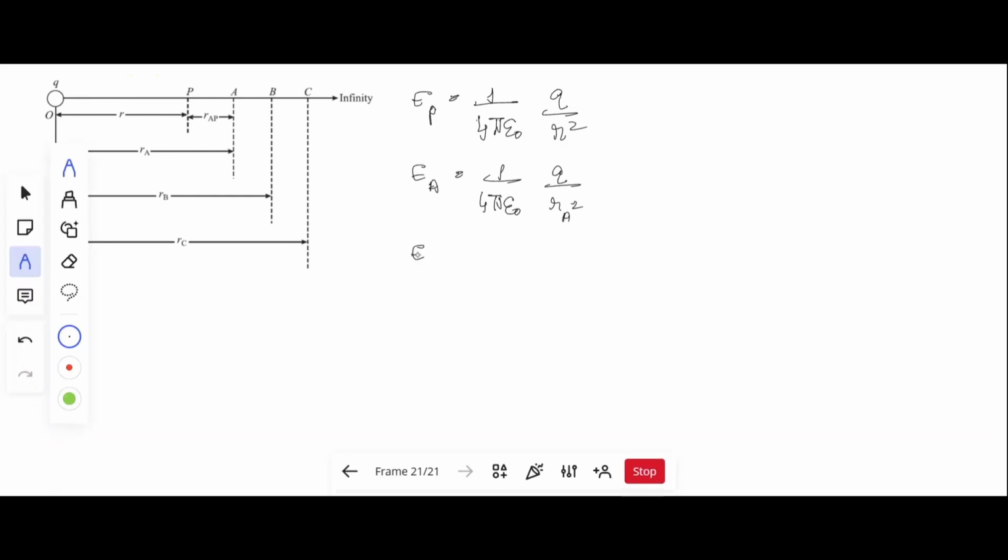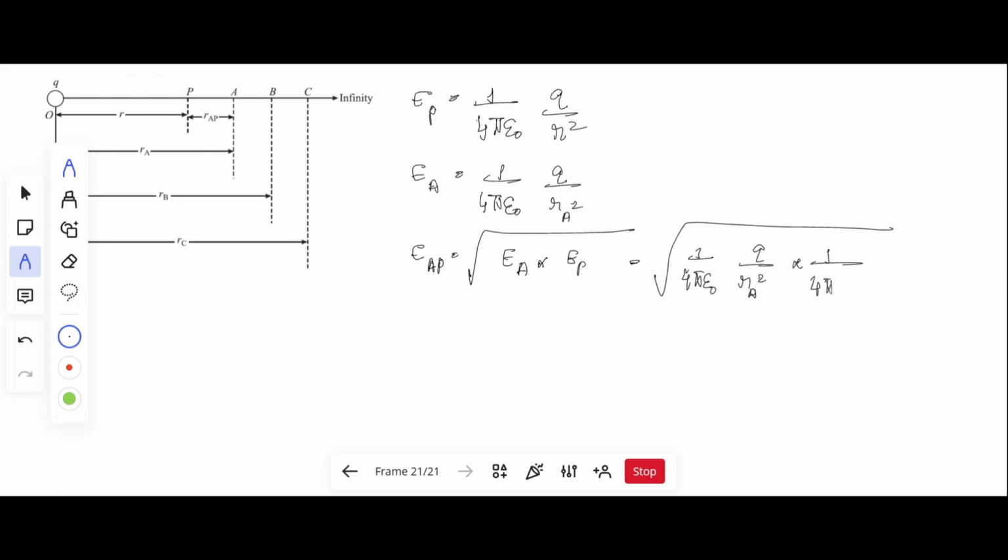Mathematically, we can write it as EAP is equal to square root of EA into EP, which is 1 by 4 pi epsilon naught Q by RA square into 1 by 4 pi epsilon naught Q by R square.